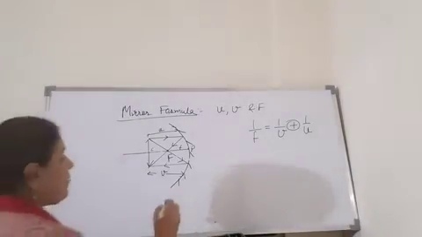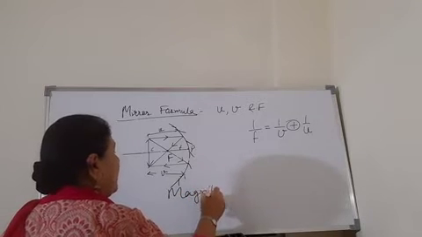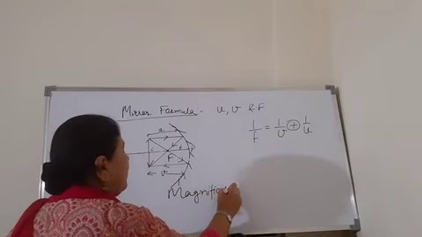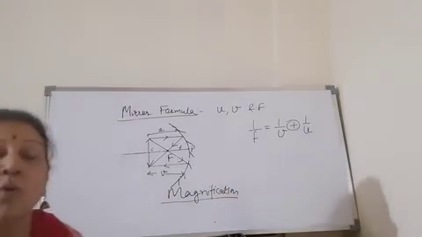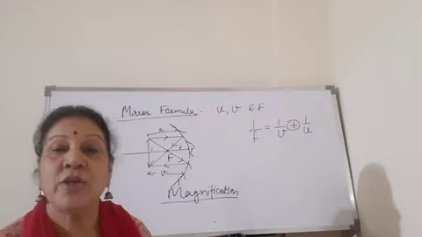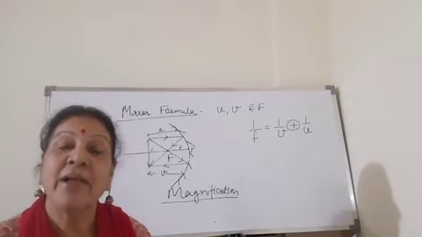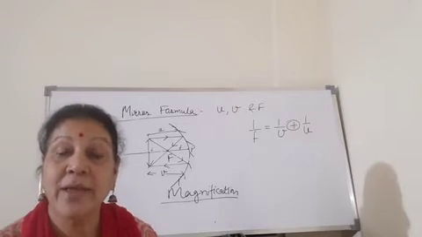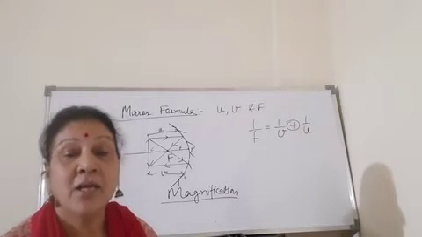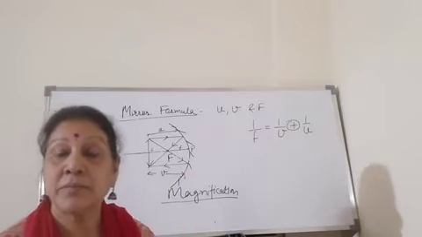What is the magnification? Magnification tells us how big or small the image is as compared to the object, to which extent the object is magnified in the image. If it's less than 1, then it is a smaller image.